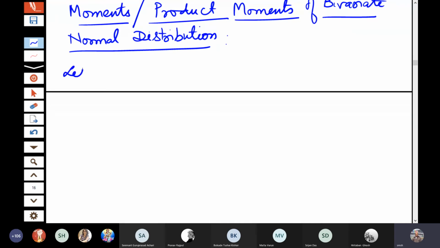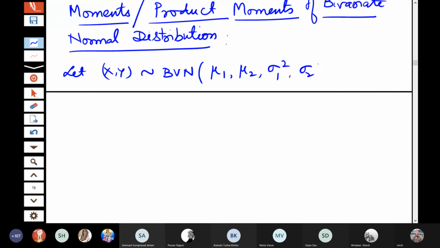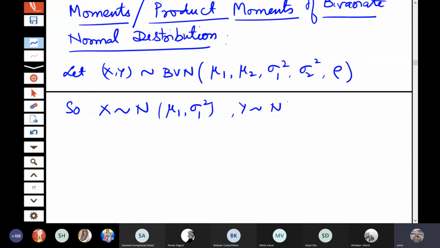So let us consider that x, y follow a bivariate normal distribution. So x follows normal(mu1, sigma1 square) and y follows normal(mu2, sigma2 square).